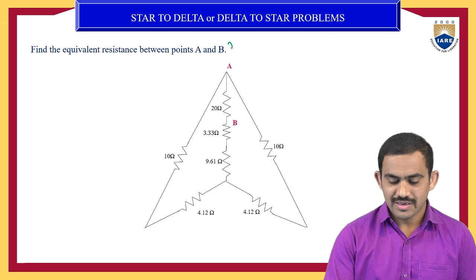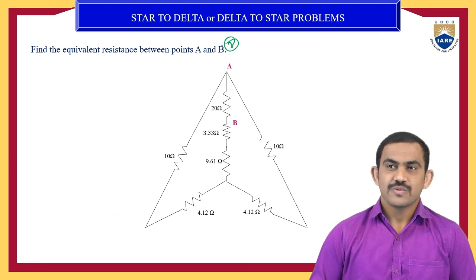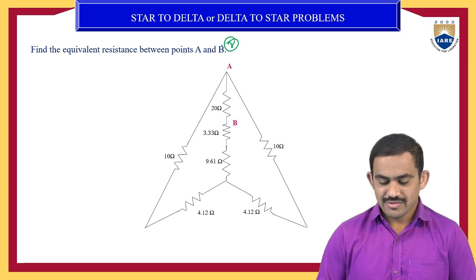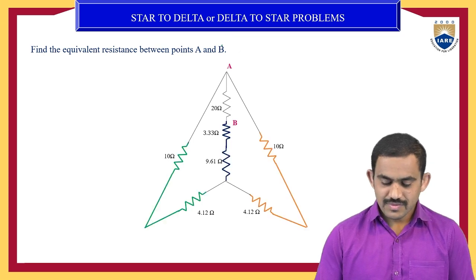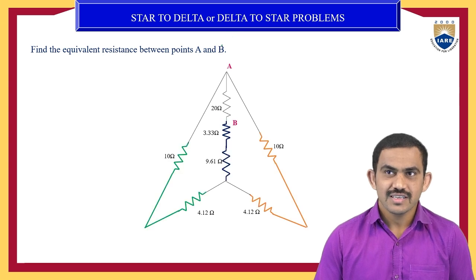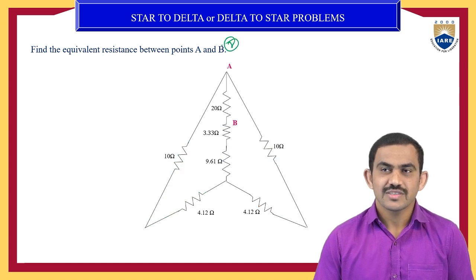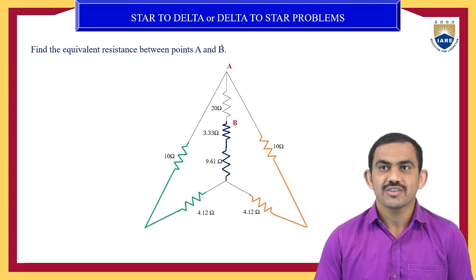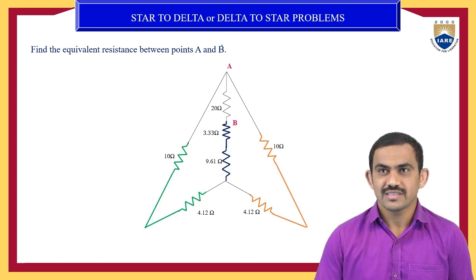So we have 7 resistors. Now in this circuit, any series and parallel? Again, we'll check. Any series circuit here? We have series circuit. So this is your circuit. You clearly observed. Which resistors are in series? How many resistors do we have in series?